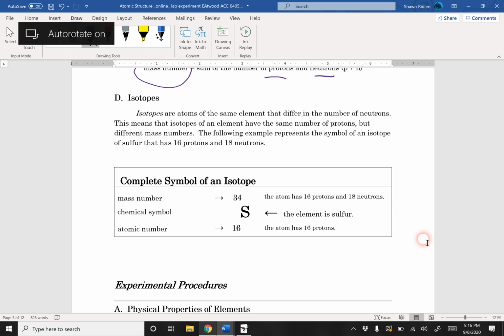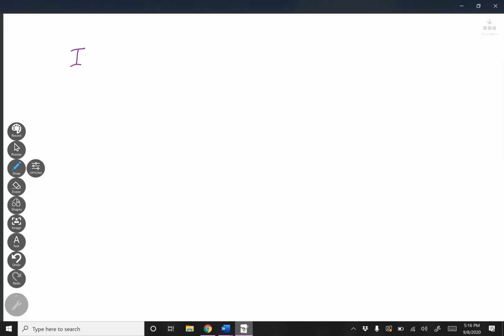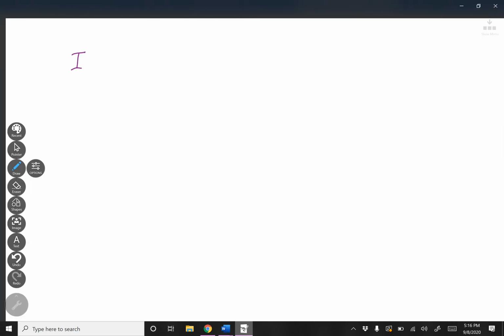Okay, I'm actually going to shift over to my notebook program here and just do it this way so I can go nice and slow. Okay, so let's define isotope first. So isotope, let me grab a pencil. So what is an isotope?